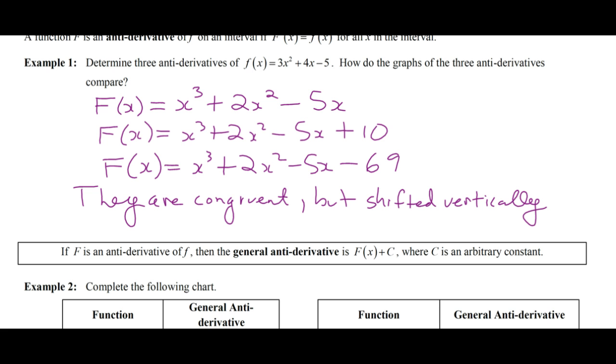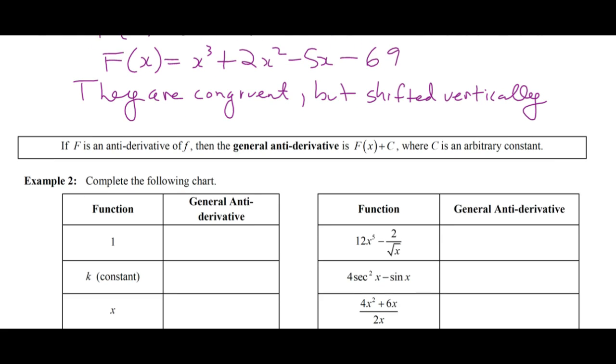Which comes down to the general antiderivative, right? So if F is an antiderivative of f, then the general antiderivative is F of x plus c, where c is an arbitrary constant. It doesn't matter what constant you add.